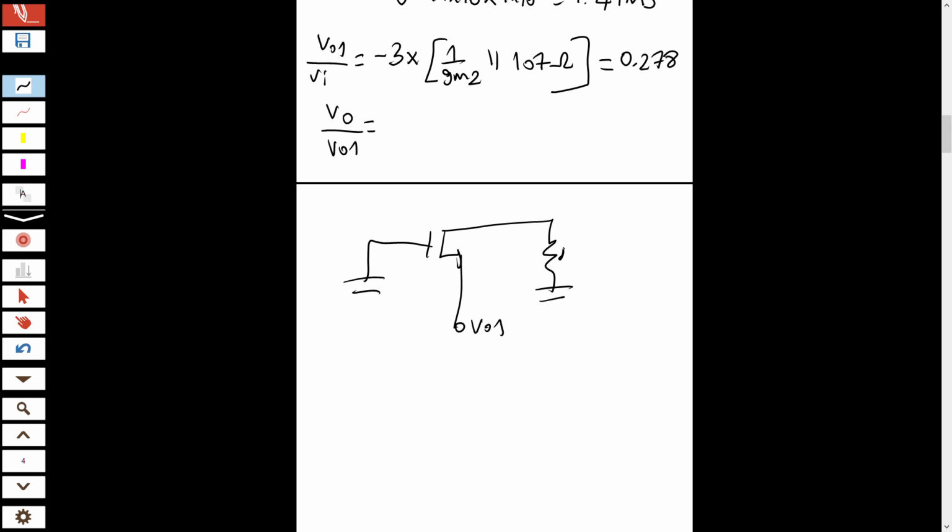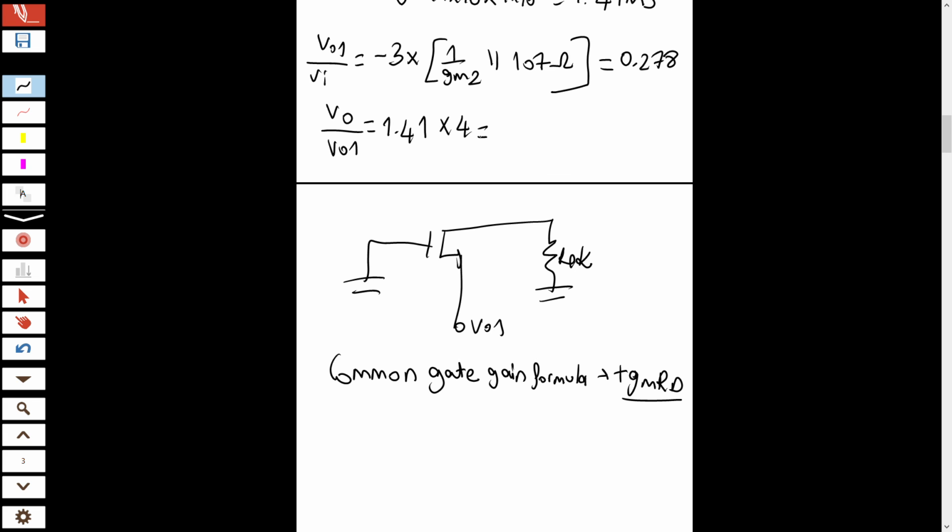This is common gate in the MOSFET case. What was the common gate gain formula? It was GM times RD. So V output over VO1 equals GM, which is 1.41, times RD, 4K, and it is 5.64.